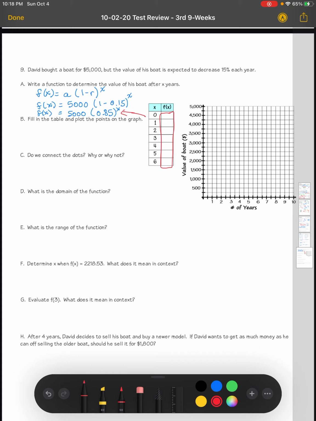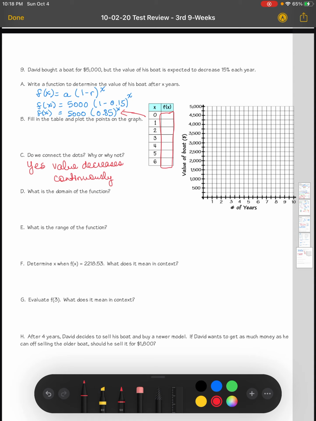After you do that, then you should be able to graph it and plot the points on the graph. In this case, it asks in C, do we connect the dots? Why or why not? Yes, we connect the dots because the value decreases continuously.